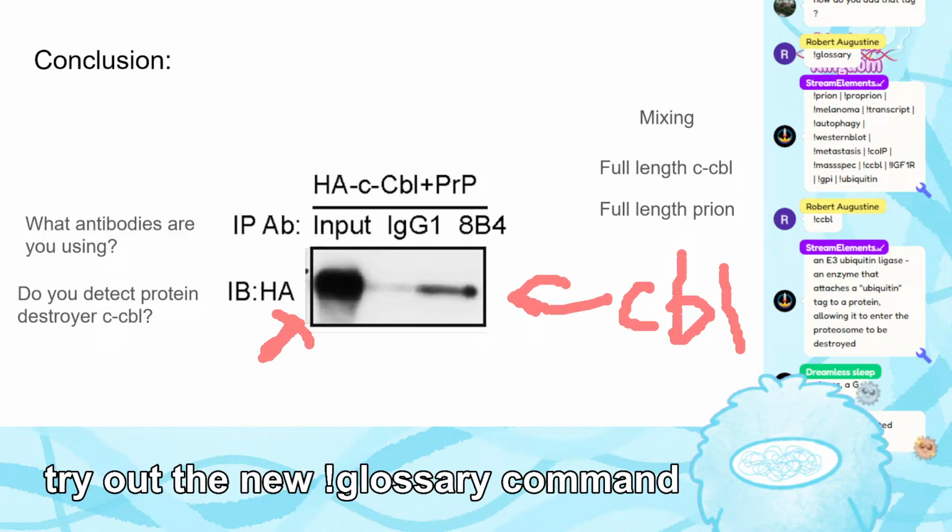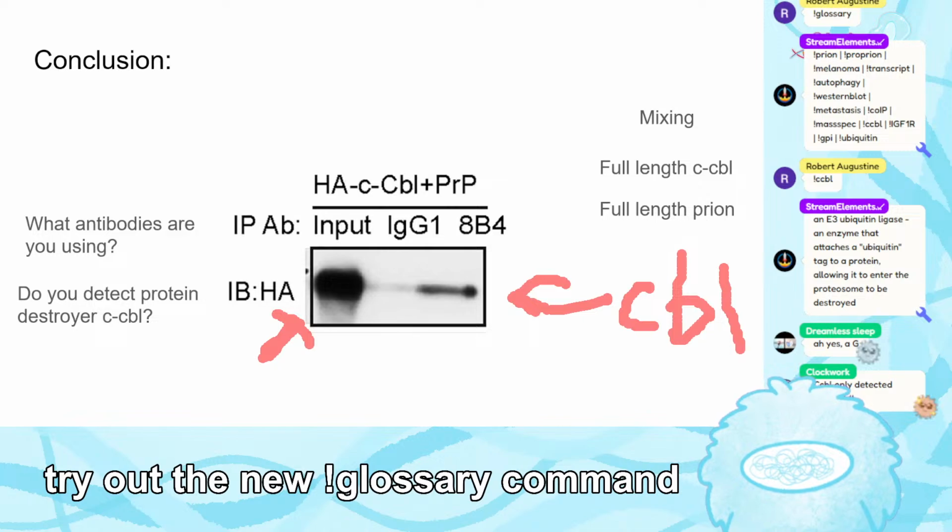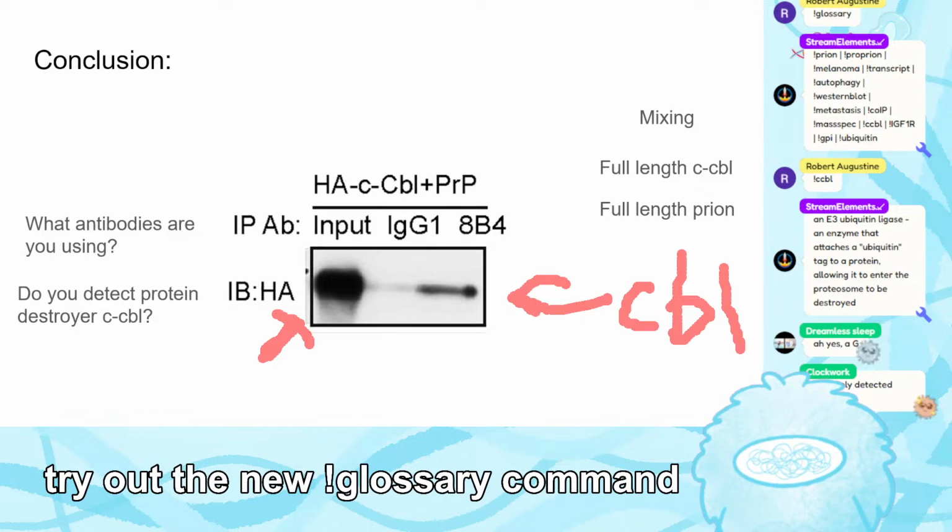Clockwork says CBL only detected when you use the Prion fishing rod. That's partially correct. Definitely detected when you use the Prion fishing rod, but it's also detected in another condition, right? It's also there in another condition.